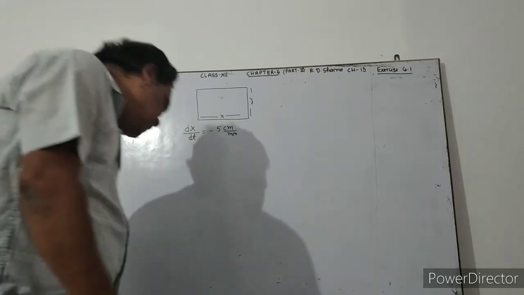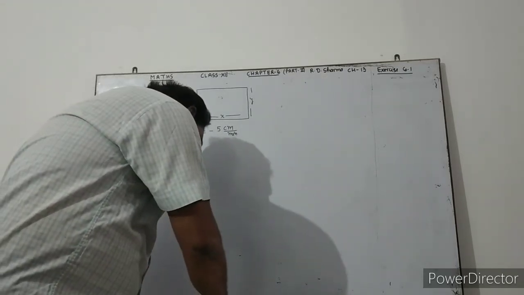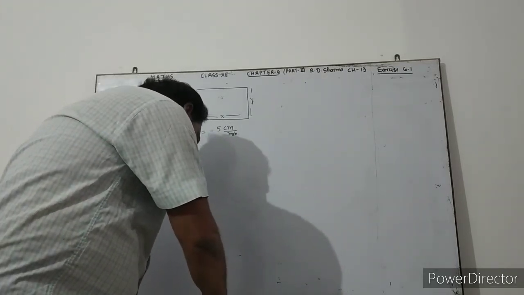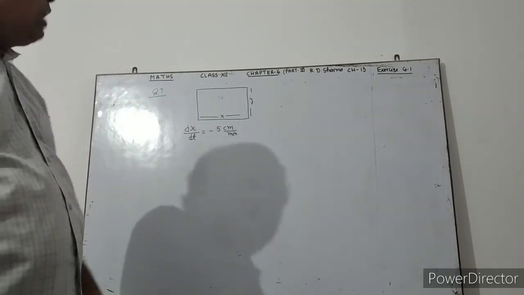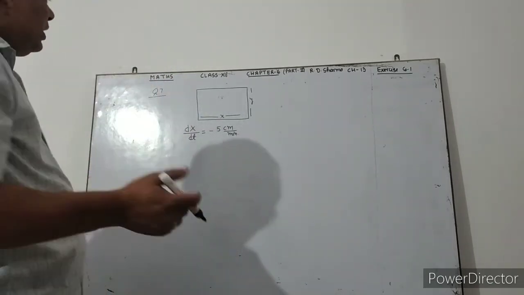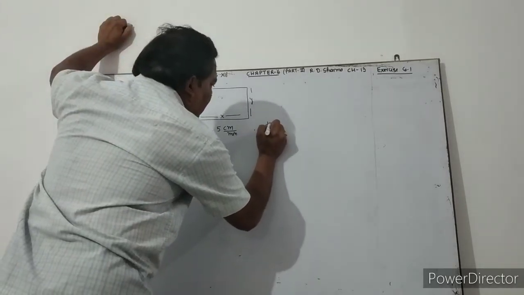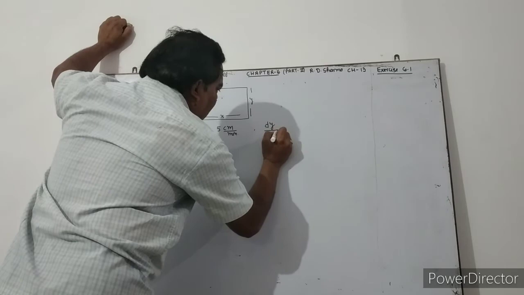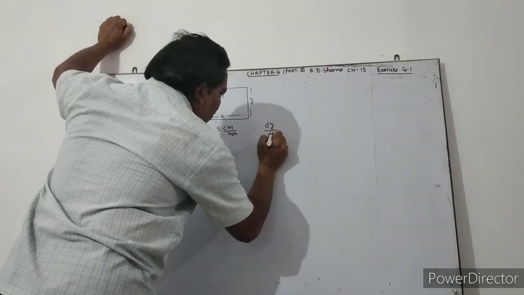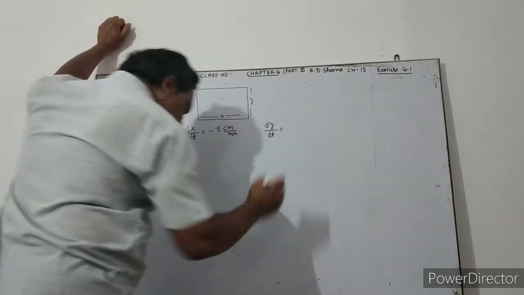Now the length is decreasing, and the width y is increasing. This means dy upon dt is given. What is dy upon dt?